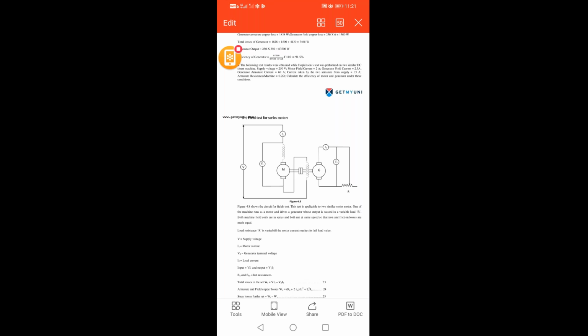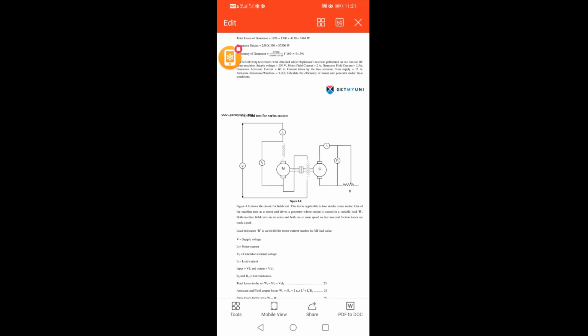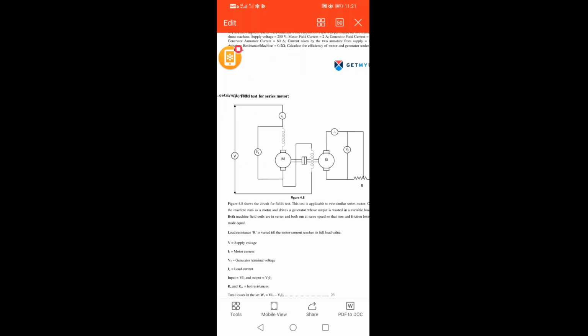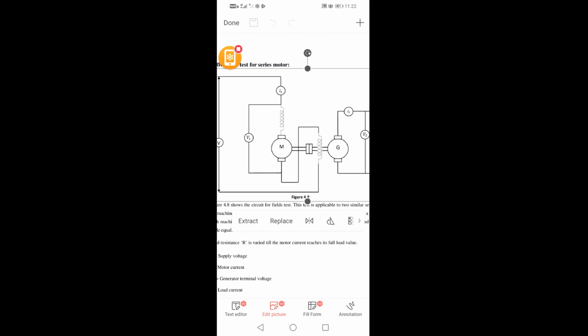See here, first thing, this is the field winding, and it is connected with the armature winding in series, and one end of the winding is connected to the field winding of the generator.